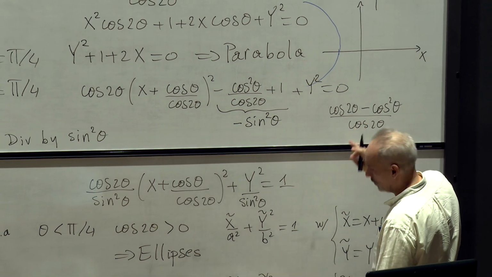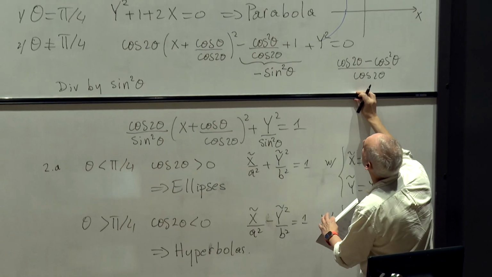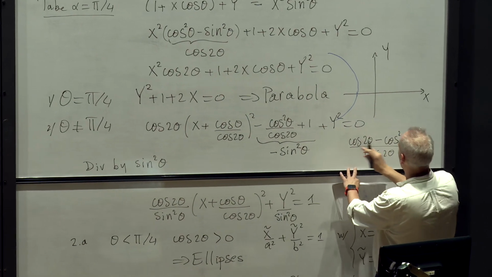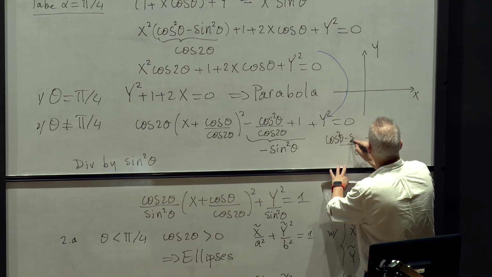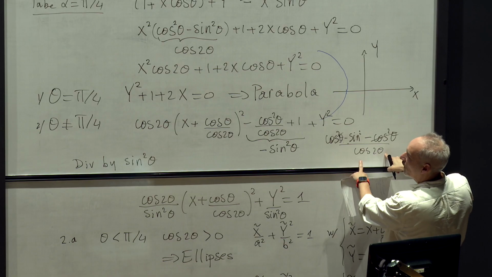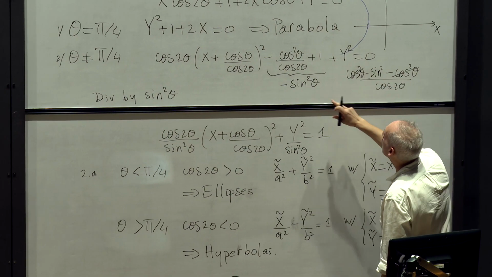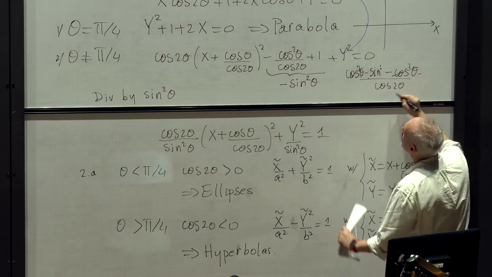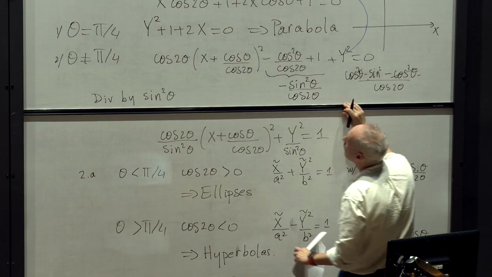Oh, you're right. Let's do it. So this is cos square minus sine square. Minus sine square. Oh, so I have a cos 2 theta that I still need to include. Okay, so it's okay. So this is actually sine square over cos 2 theta. Was that your objection?